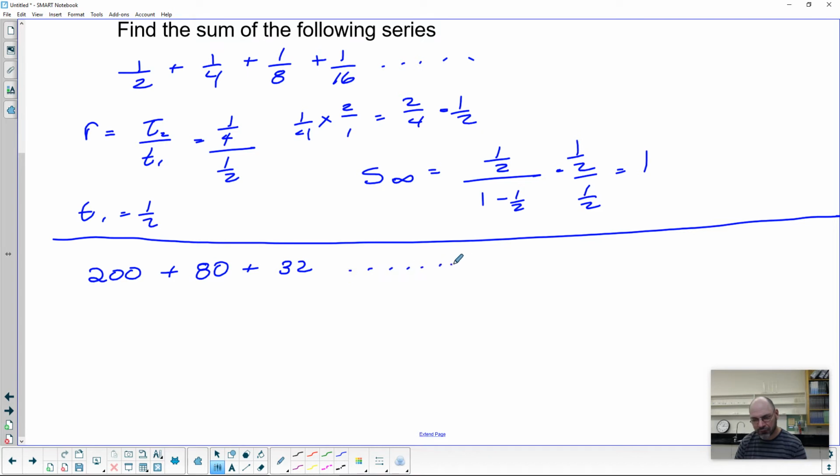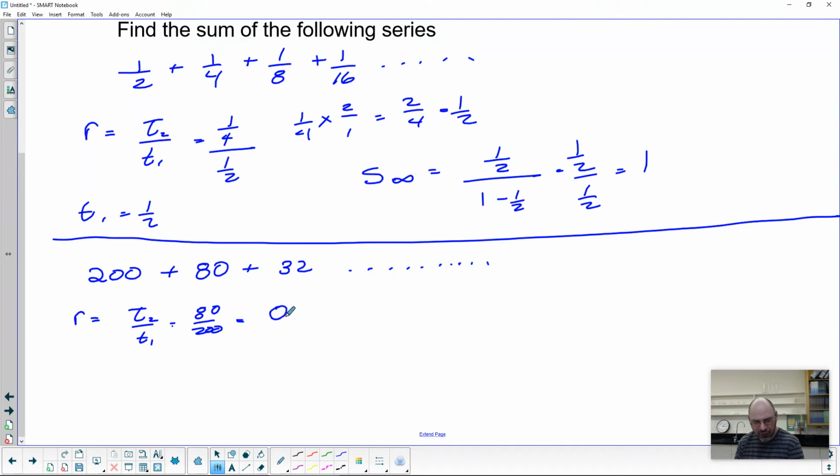We'll say those three will be enough. We keep going. So the first thing is to calculate R. R is going to be T2 divided by T1. So 80 over 200 equals 8 over 20, or 4 over 10, or 0.4 if you like, or 2 out of 5, depending if you want fractions.